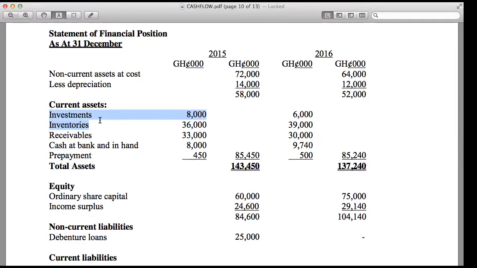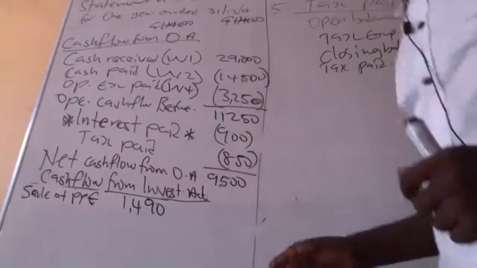That's the short term. When you see investment under the current assets, it's probably receivable within the year. But still, they have to inform us that it is highly liquid. So take note. So 2,000, we have to add it, and then we are done. So let's add 2,000.